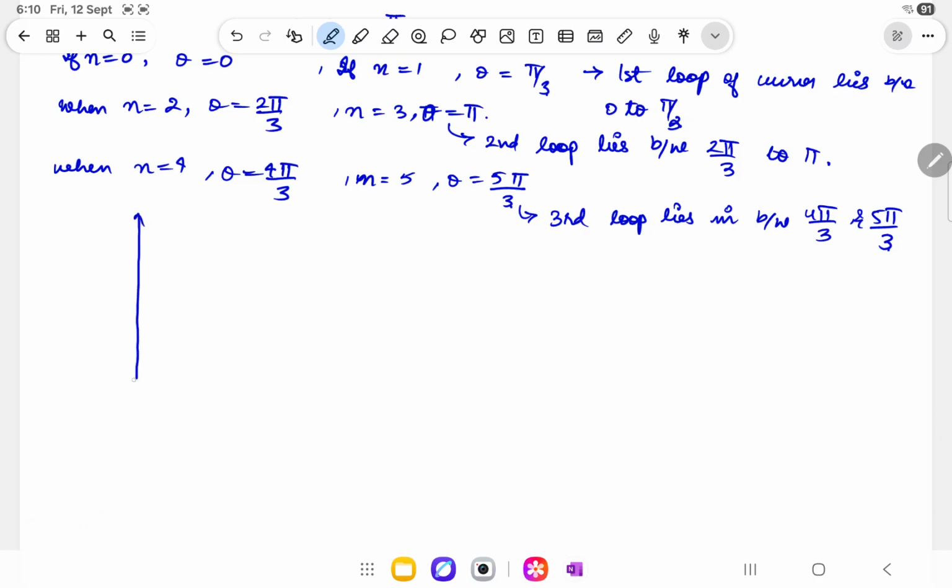So this is my y-axis. Theta equals 0 lies here. Theta equals pi by 3.